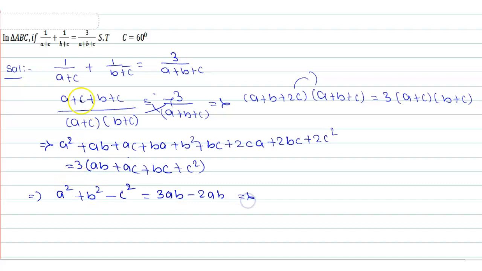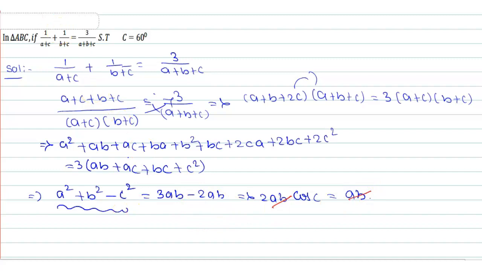By the cosine rule I can replace this expression with 2ab cos c. So I am writing 2ab cos c is equal to 3ab minus 2ab, which goes to ab. So I can cancel ab on both sides.